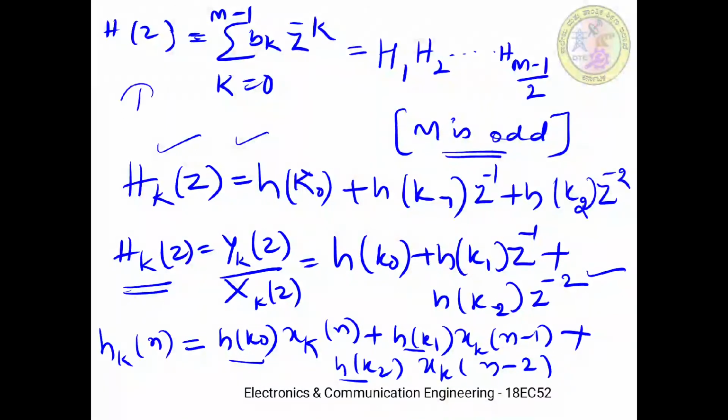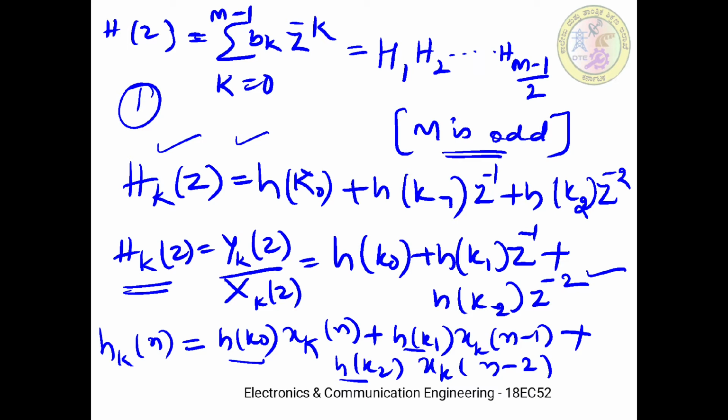So now we are considering the first condition, that is when m is odd. What is the further process? Factorize h of z into h1, h2, h3 up to hk, and the individual transfer functions we get are all nothing but second order factors.